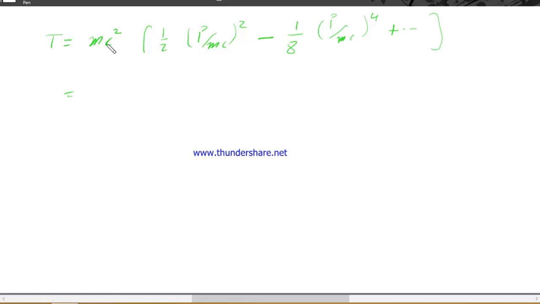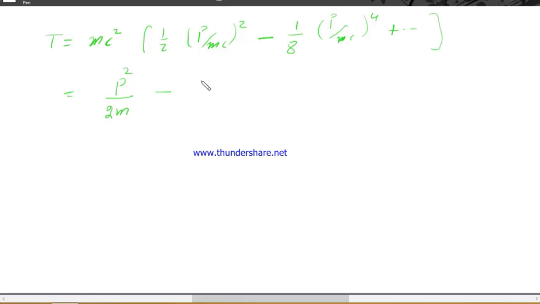Then we multiply this mc square to these two terms. Then this is equal to p square, the m is cancelled with the m and the c square is cancelled with the c square, and only the 2m remains.